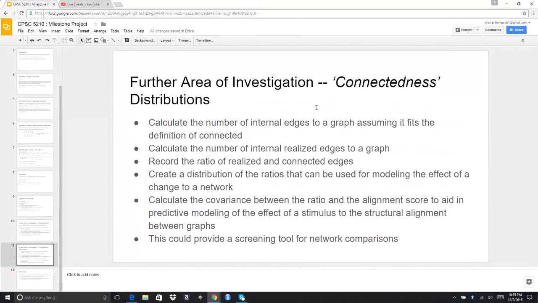And this connectedness distribution, which looks at how a graph internally changed, and then could you derive the probability that the alignments hold between graphs? So do the edges still maintain their connections pre and post, and coming up with a covariance value to say if they do or do not.